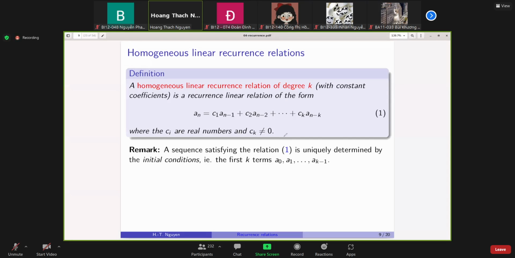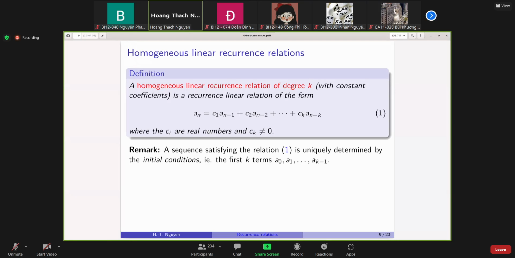Okay, so when we talk about recurrence relations, often there is only a relation like this, but in order to uniquely determine a sequence, we need some initial conditions.